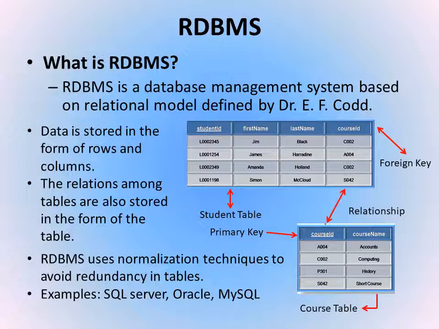Thereby, it removes the anomalies related to insertion, updation and deletion. Now since the table is normalized, there will not be any problem related to insertion, updation or deletion of data. We had already covered normalization in detail in our DBMS subject.